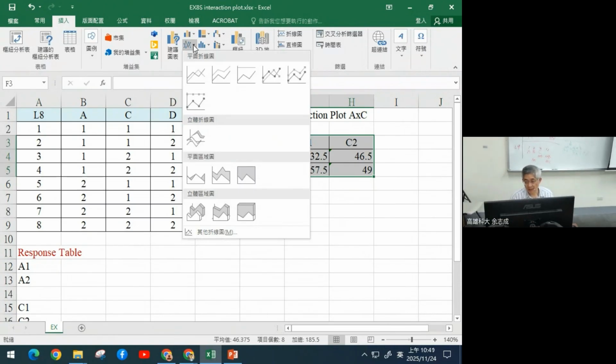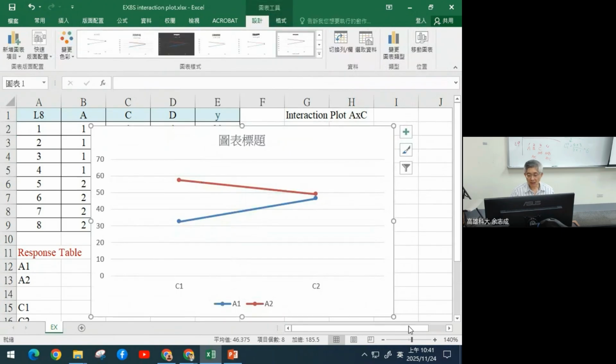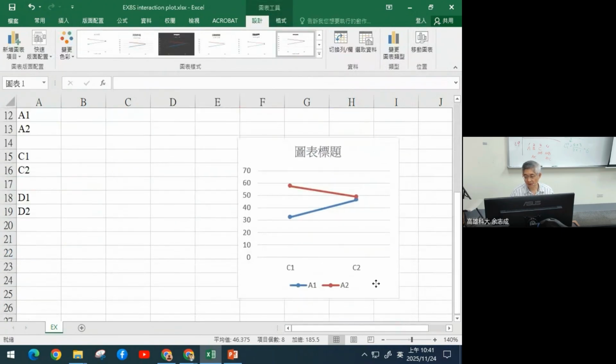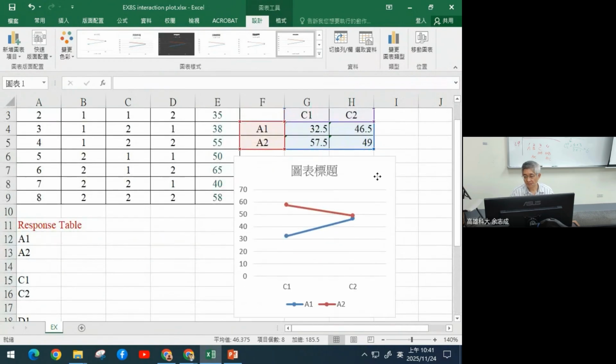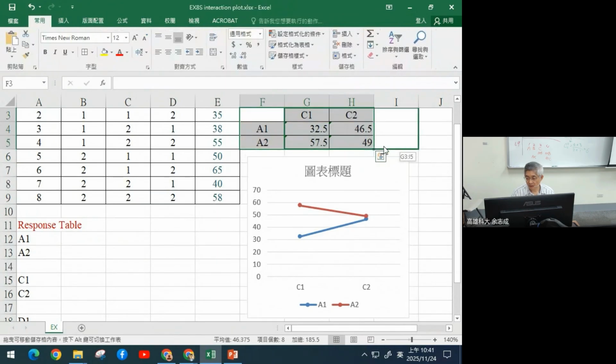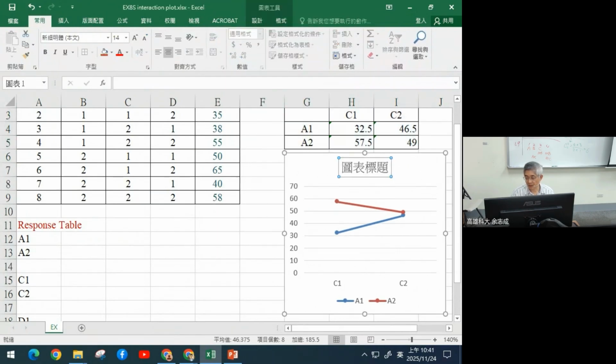If you prefer the dot version, we can select this one. Now you can have this interaction plot. Let's move it down here. And again, I would suggest you indicate the title, so you'll know what kind of plot it is.